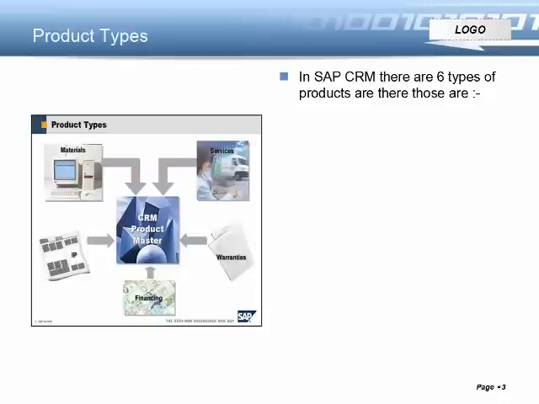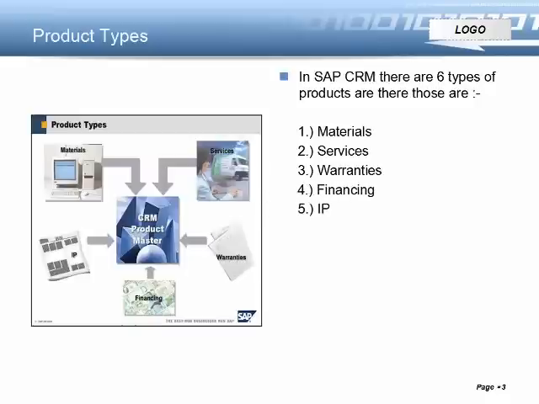I will show you on GUI. You're very much familiar with web UI, so that's why I thought I would first show in the GUI screen how to create a product of type materials. We will be covering materials first.